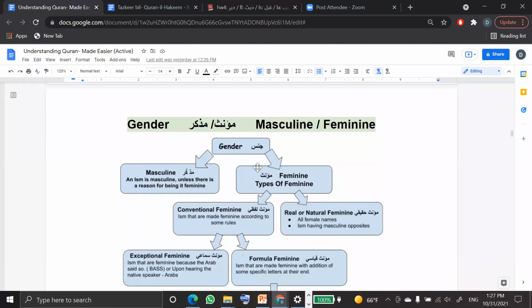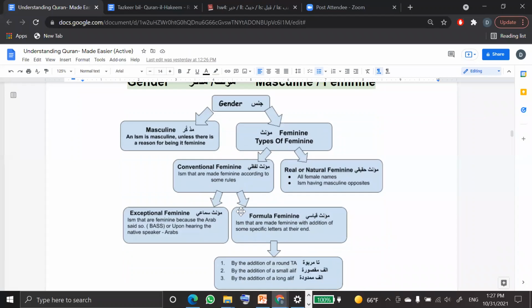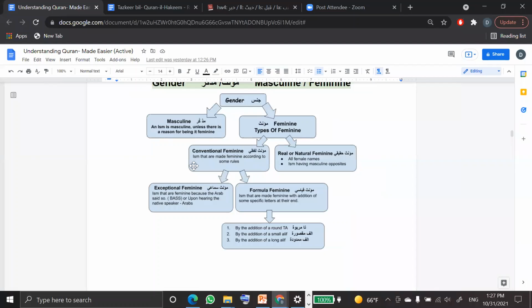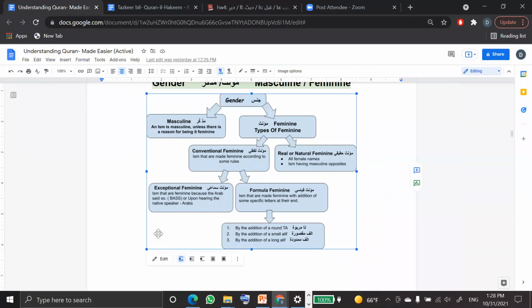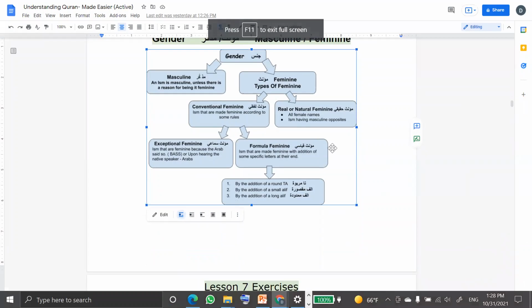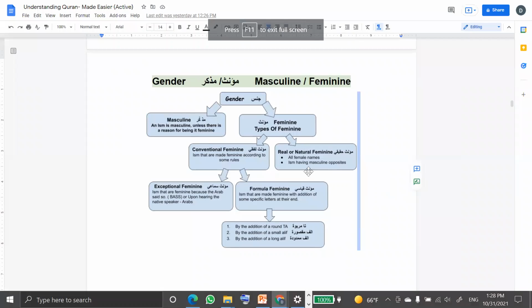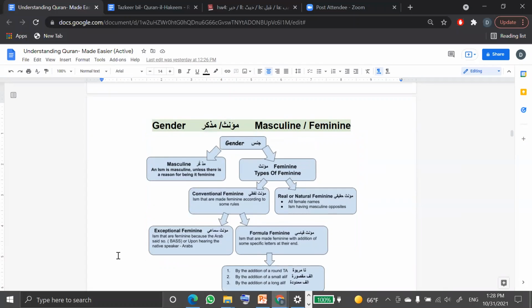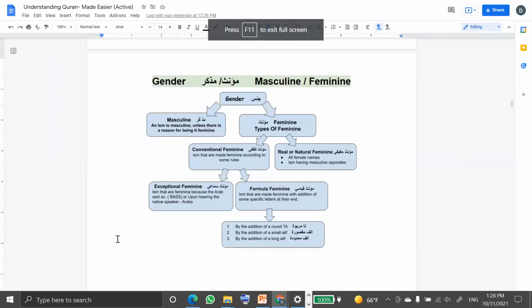So far, what did you learn? That there is natural feminine and conventional feminine. Can you say it louder, please? There are natural feminine words and conventional feminine words. Yes. And you can make feminine words with ta marbuta and short aleph and long aleph.